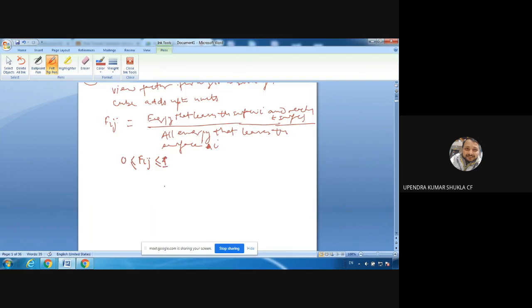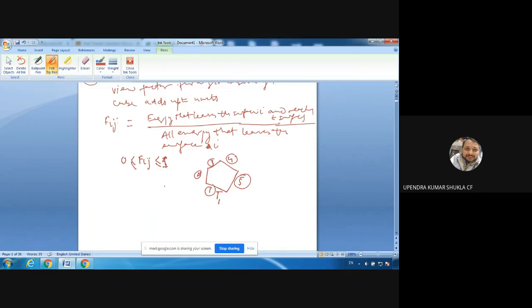Now suppose we have a surface like this: one surface, two, three, four, five. Surface 1 has temperature T1.